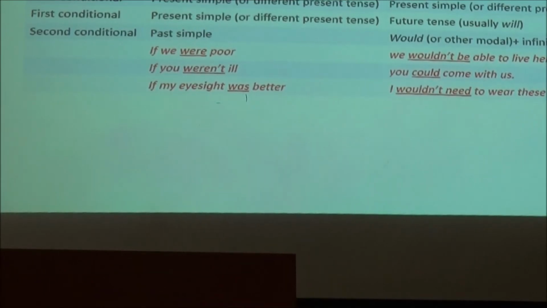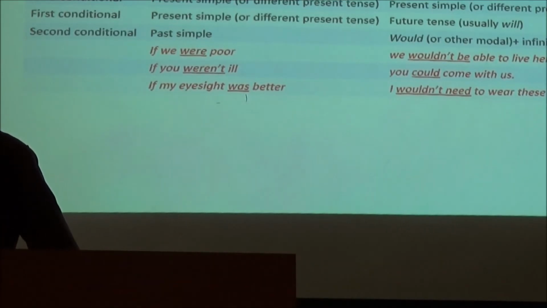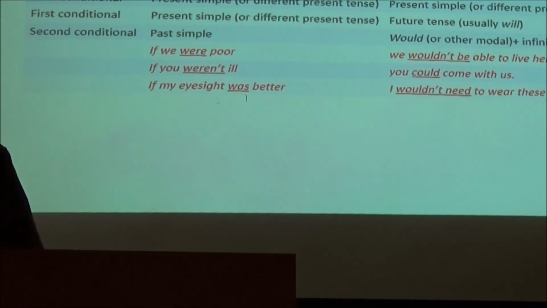That's would plus infinitive. If you weren't ill, you could come with us. So this one's not would, but could. It's also possible for the second conditional. So the second one is also a situation which is unlikely, but still possible. If you weren't ill, you could come with us.